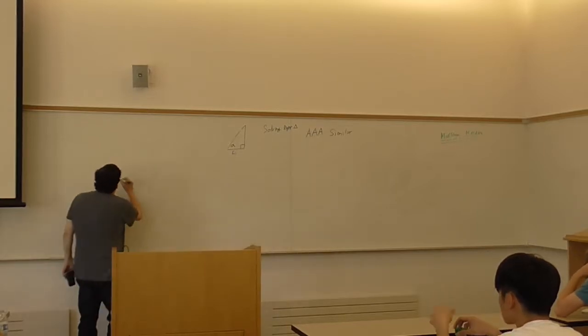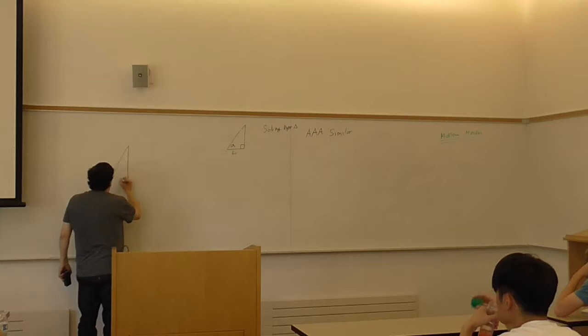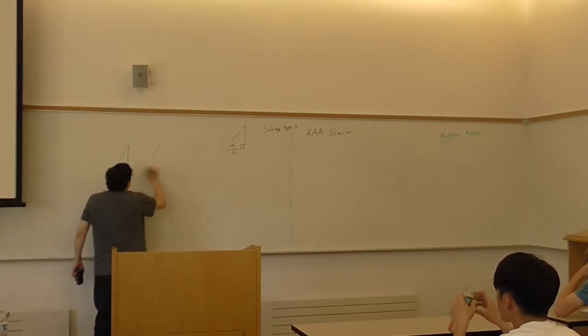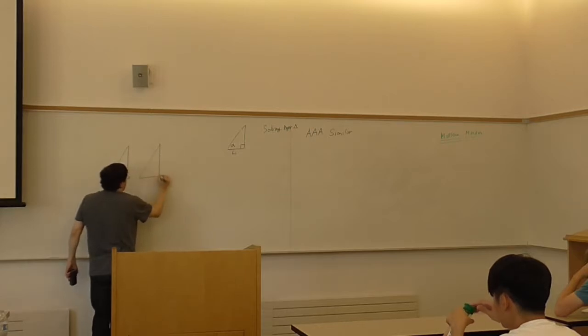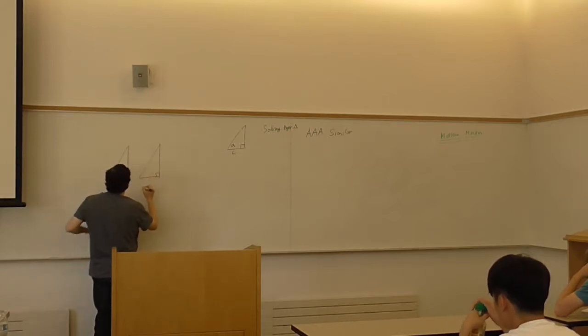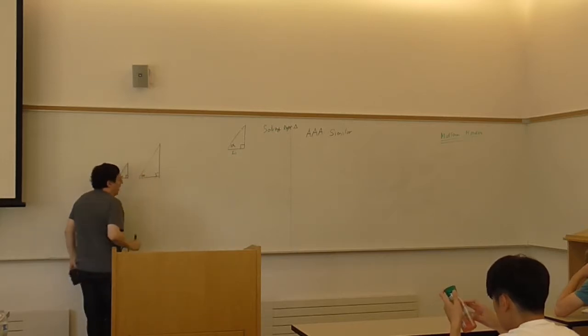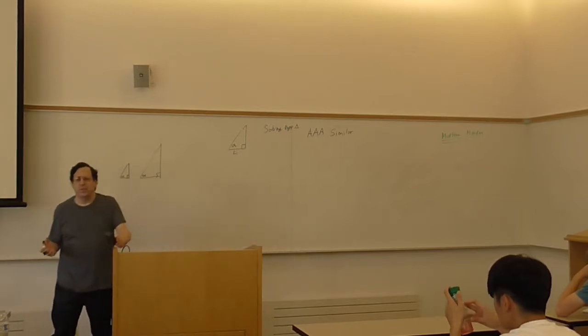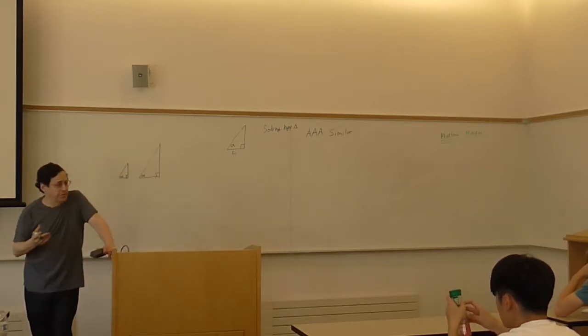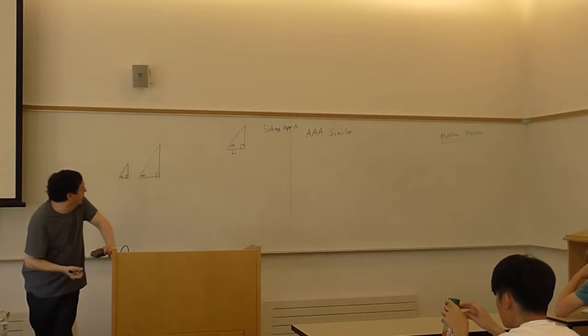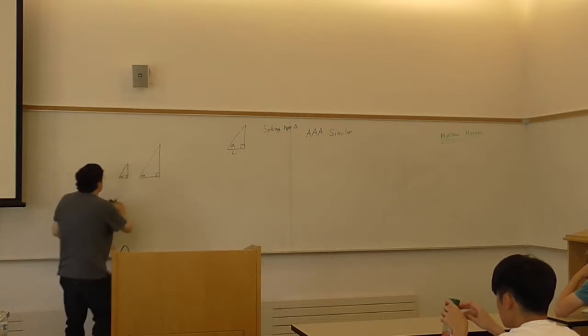I have 2 right triangles, and they both have one of the angles. Of course, one of the angles is a right angle, but they could have the same alpha. I know all 3 angles are the same because their sum has to be 180, right? All right, so we've eliminated that.